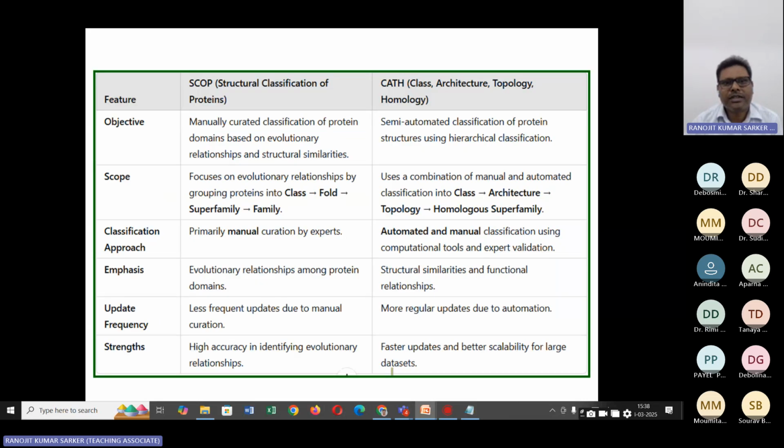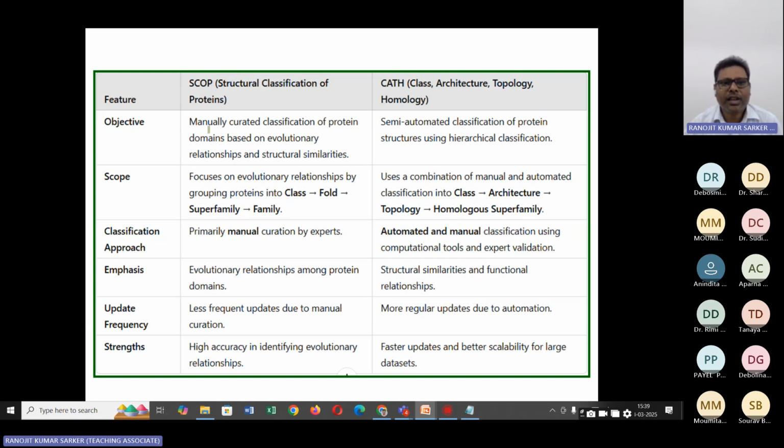So now if we see the difference between SCOP and CATH, otherwise we might have the question, right? If we have gone through SCOP, then why do we need to go through CATH? So here you see class, architecture, topology, and homology. That is the hierarchical classification.